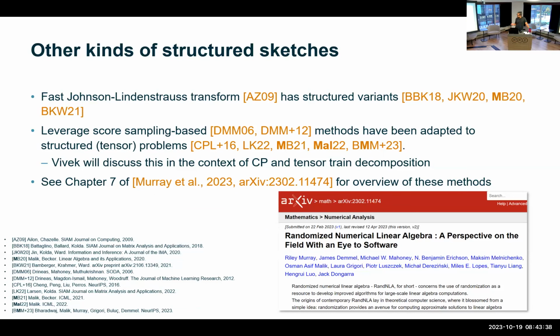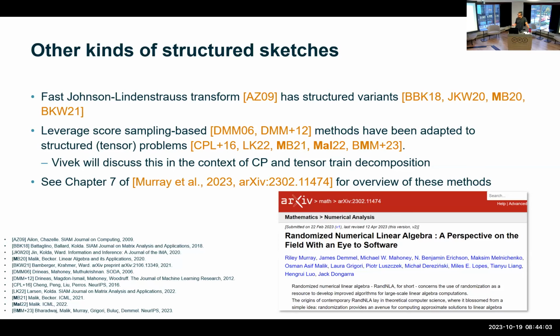There are also these sampling-based sketches, which I mentioned earlier are very sparse styles of sketches, and these have also been developed in a number of papers. I'm not going to say more about that because Vivek will tell you more in a couple of talks. He'll go through some of the recent work we've done on using sampling methods which leverage structure for tensor problems.